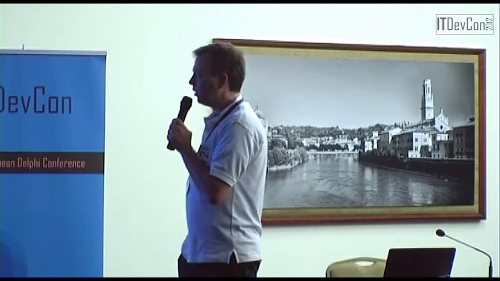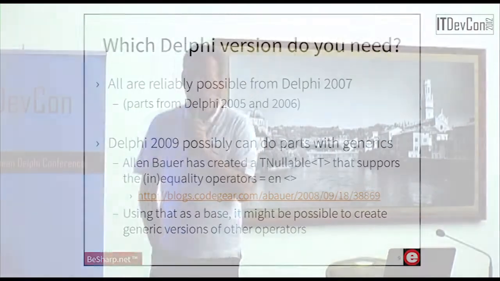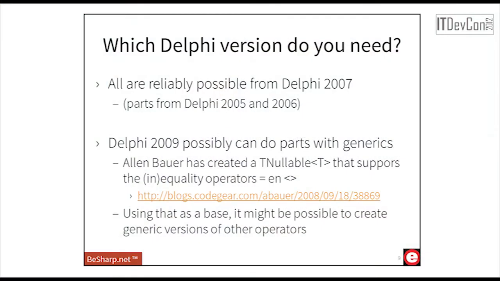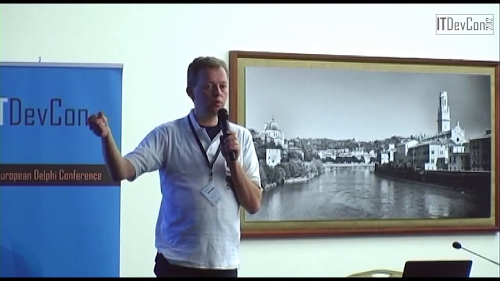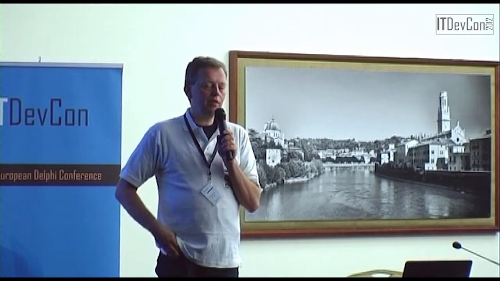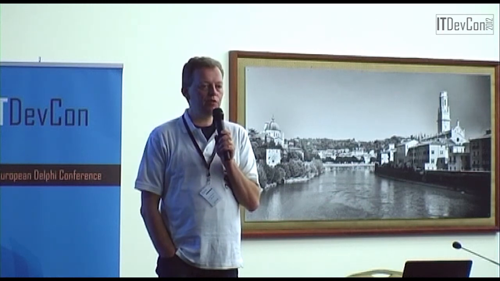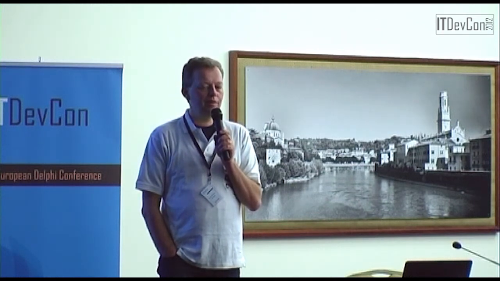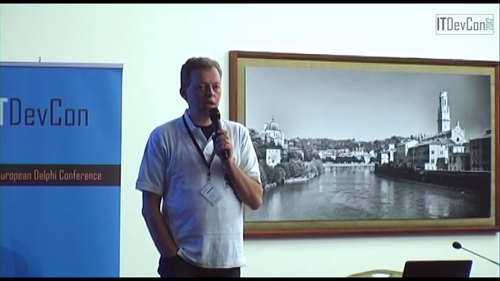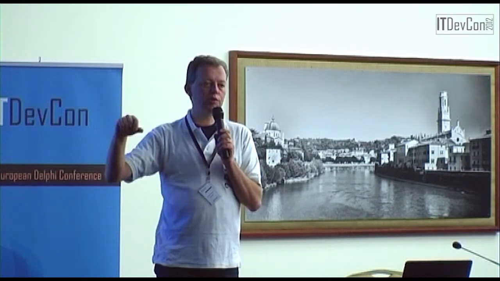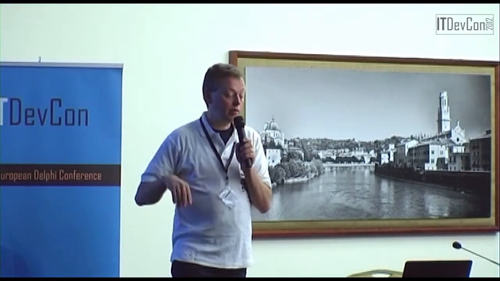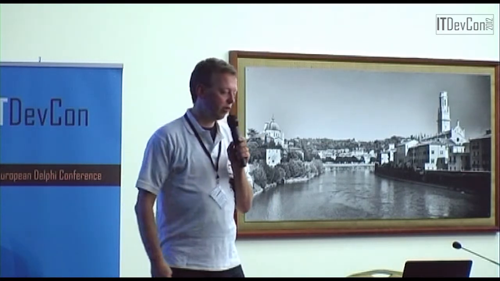And Alan Bauer showed one behavior of nullable for comparison to equal or not equal, and he needed to do a lot of dirty tricks to implement those, and making that work for all the possible operators is a lot of work. So I decided not to do that and keep my current solution, and it still works very well in modern versions of Delphi.